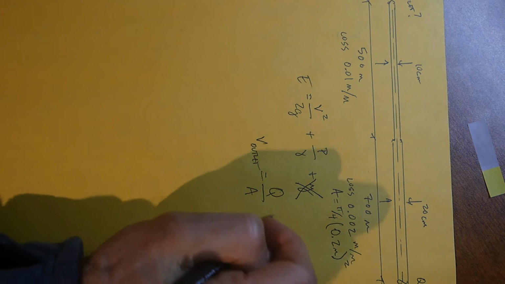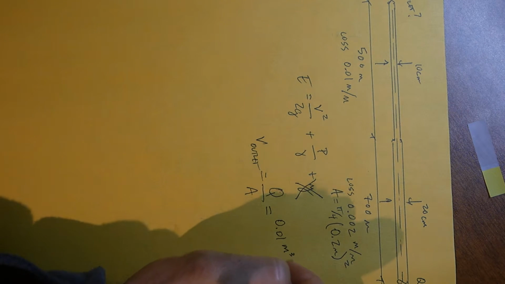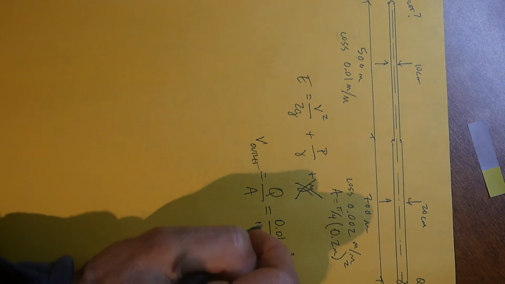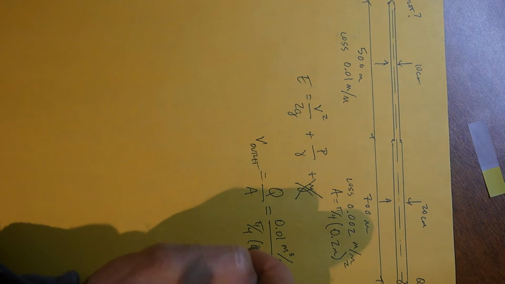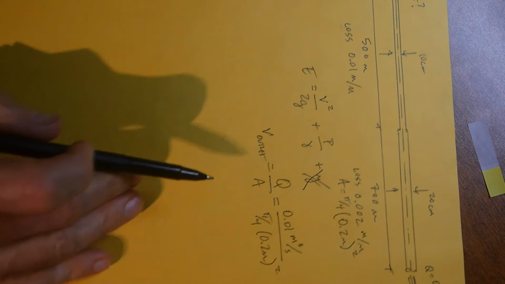And Q is 0.01 meters cubed per second, divided by pi over 4 times 0.2 meters squared. You can solve for that.